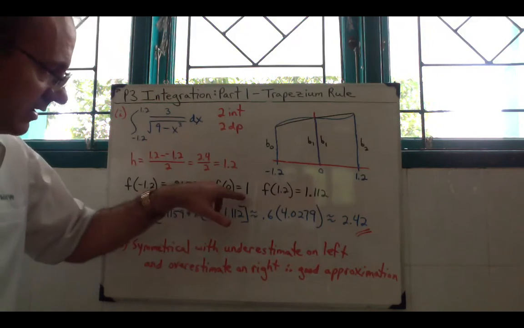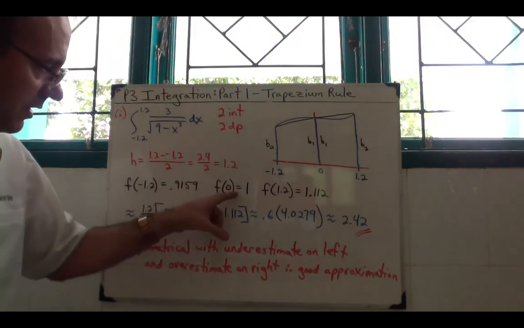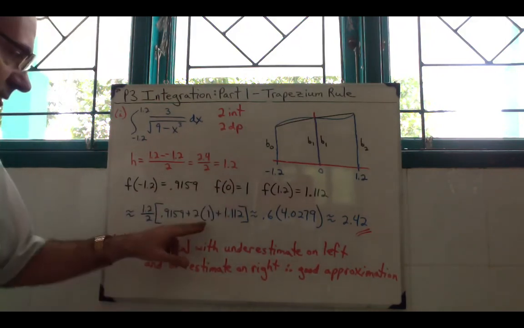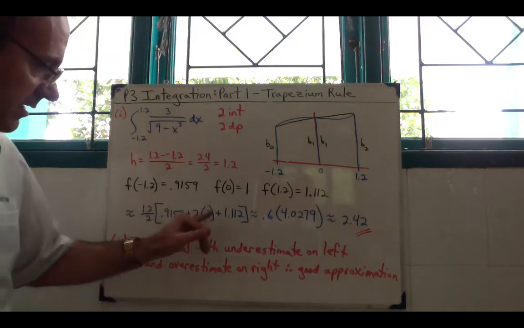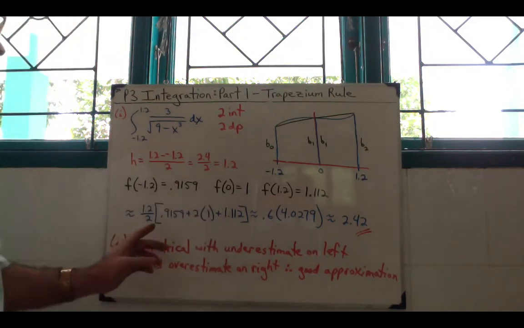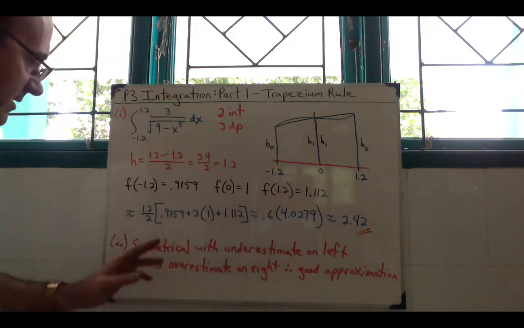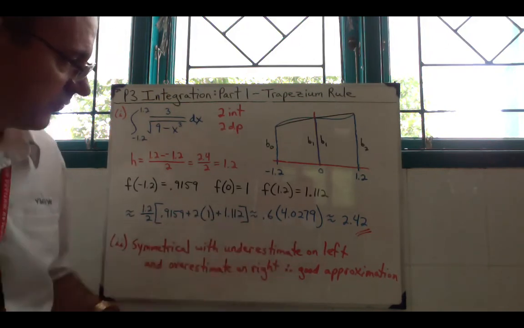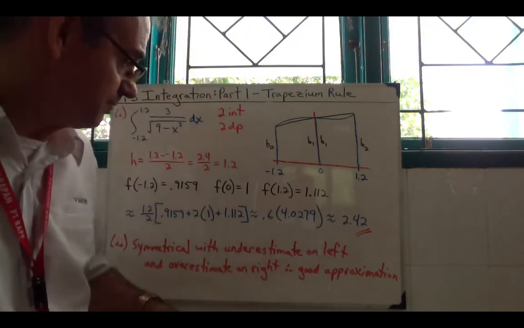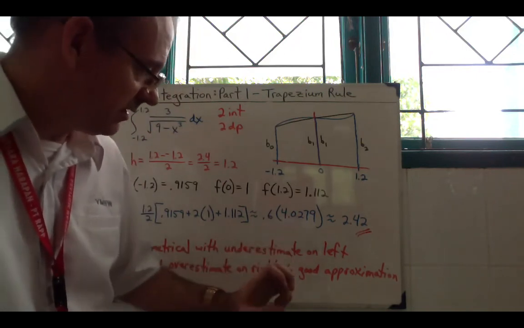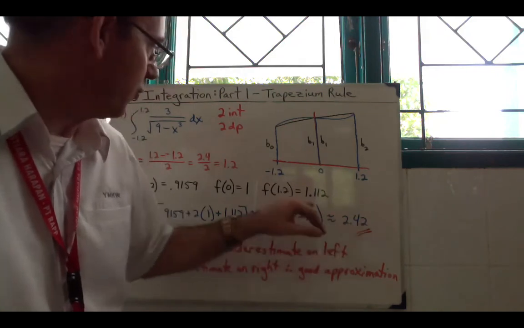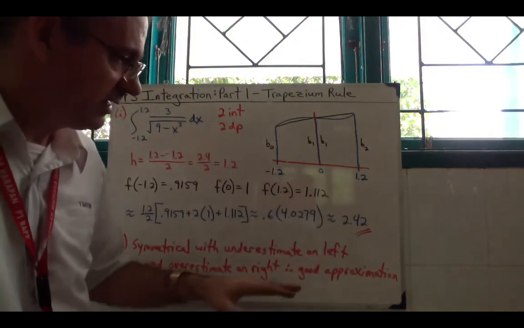The middle one is counted twice, so 2 times 1 is there in the middle. The front and the back are counted once. So we end up here, our 1.2 divided by 2 is 0.6. All this in here adds up to 4.0279. And you multiply these together and you get 2.42 to 2 decimal places.